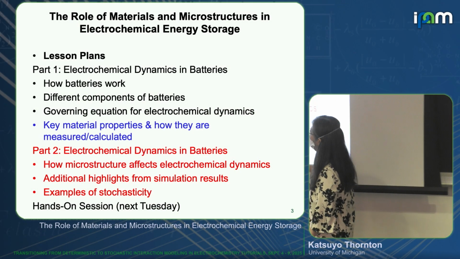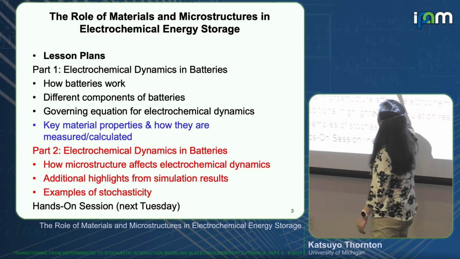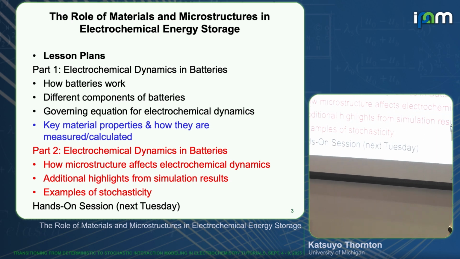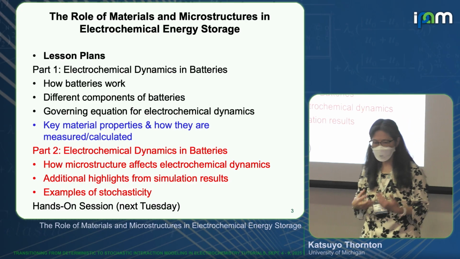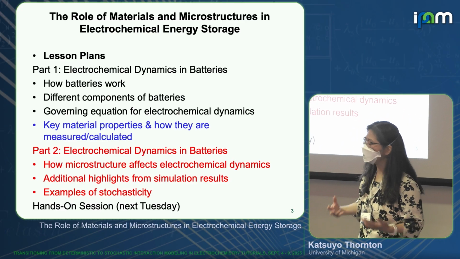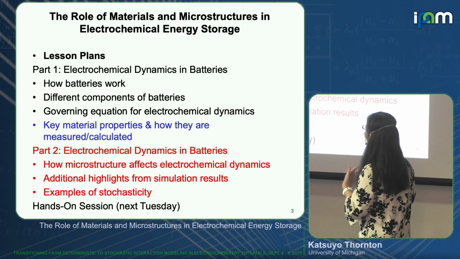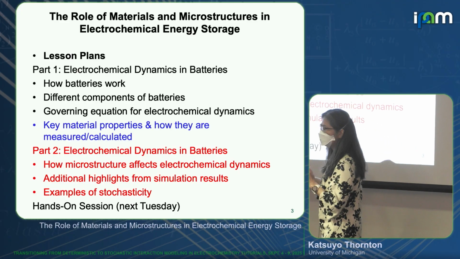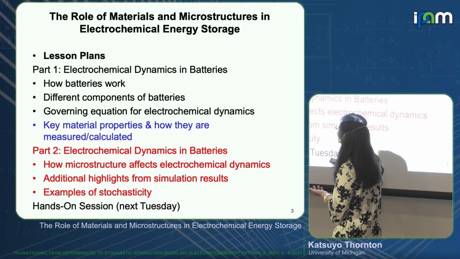So we were talking about, in part one, electrochemical dynamics in batteries. It was an example for any general electrochemical system, but it's easier to explain things when you have something concrete to talk about.